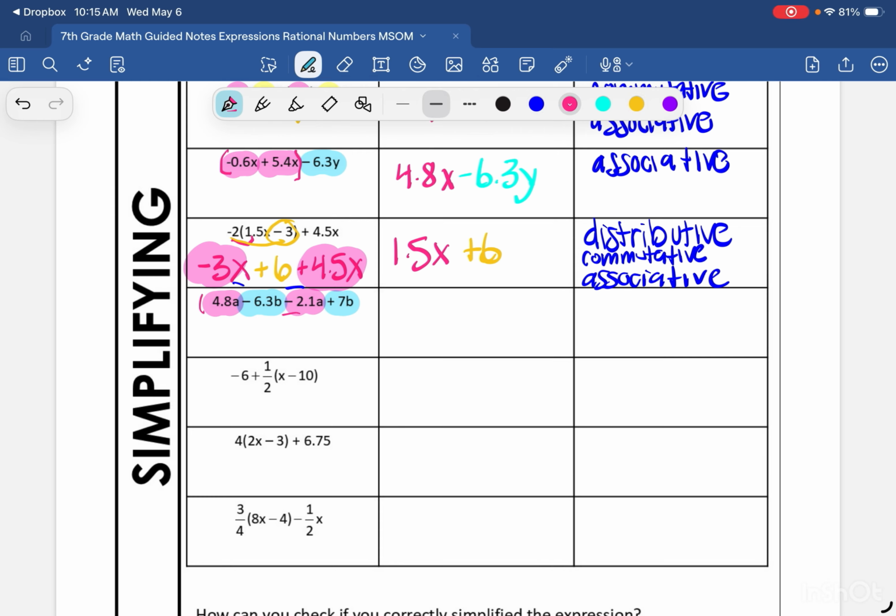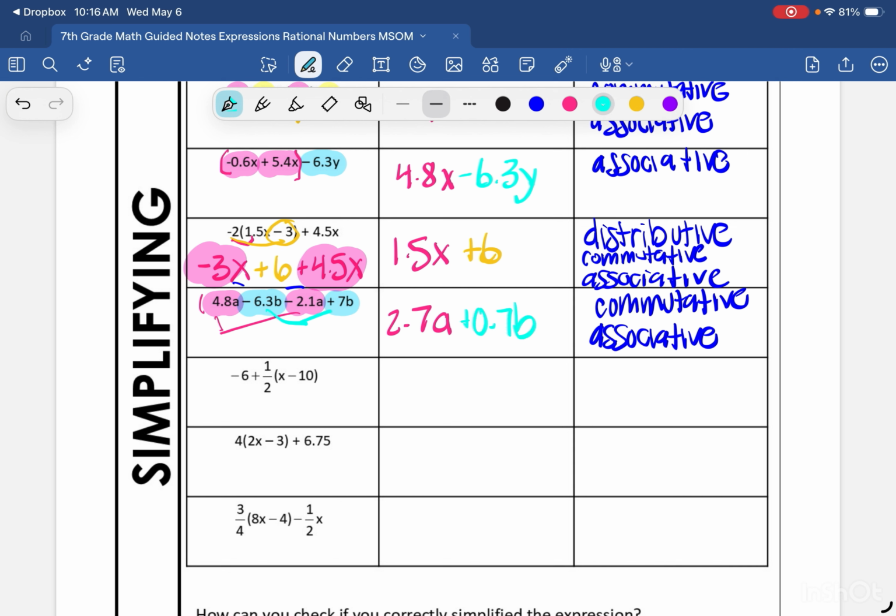I need to group these two together. So now we are going to change the order, which is the commutative property. And then I need to join the like terms together, which is the associative property. 4 and 8/10 minus 2 and 1/10 is 2.7a. And then negative 6 and 3/10 plus 7/10 is plus 0.7b.